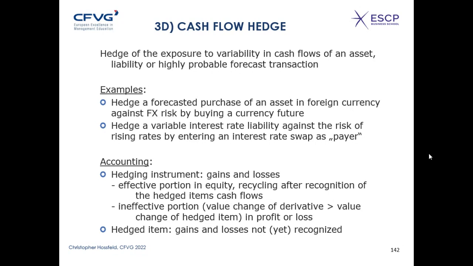In other words, I want to avoid that I have to pay more for something than I originally forecasted or planned, or I want to avoid that I receive less cash than I forecasted. So here the cash flow is my main concern, not the income statement.